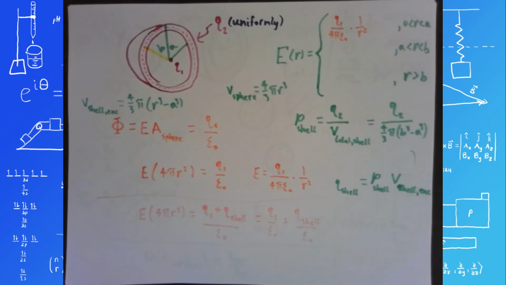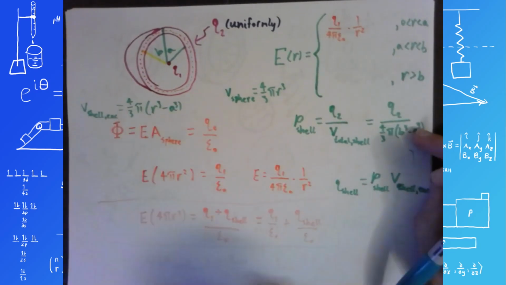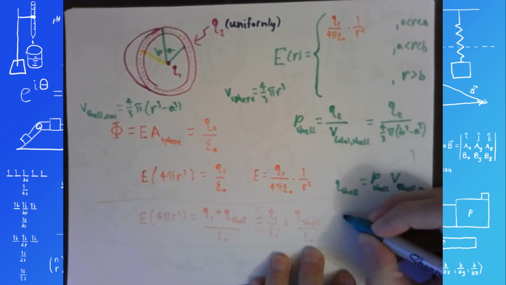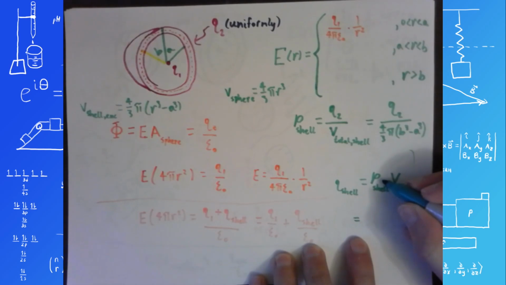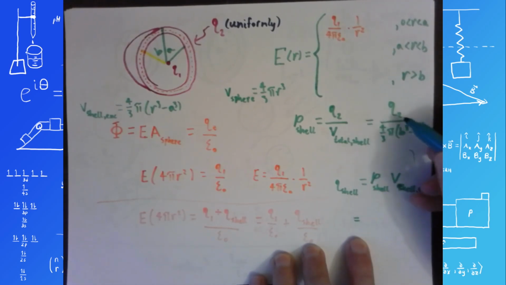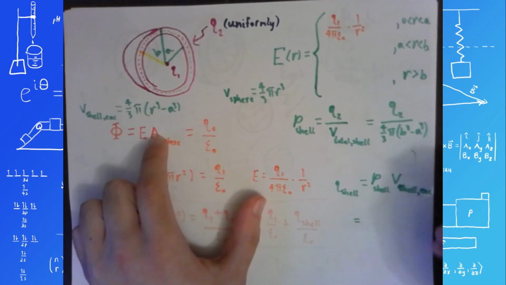Okay, so with these two pieces, I should now be able to calculate Q shell, or at least get an expression for it. So Q shell is equal to, let's see, Q2 over this stuff times that stuff. I can see that the 4/3 pi is going to cancel, which is very convenient for us.